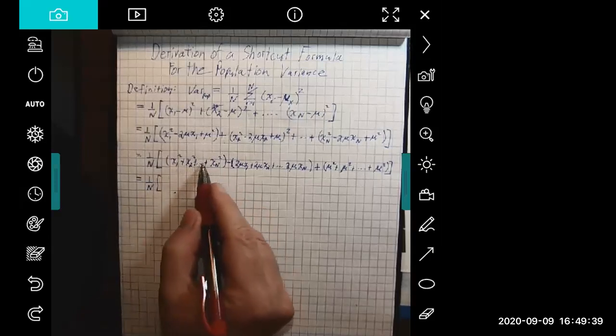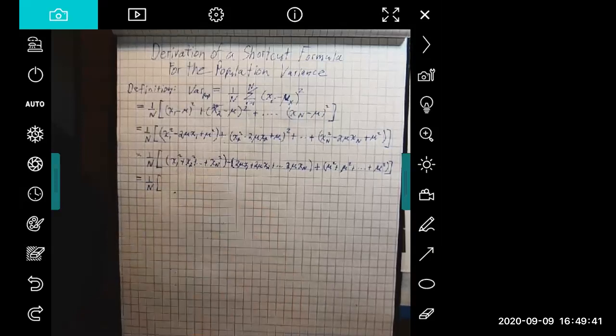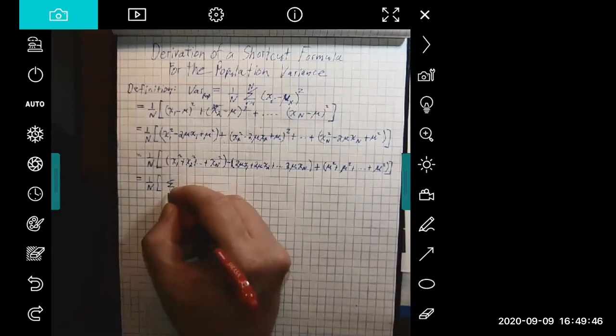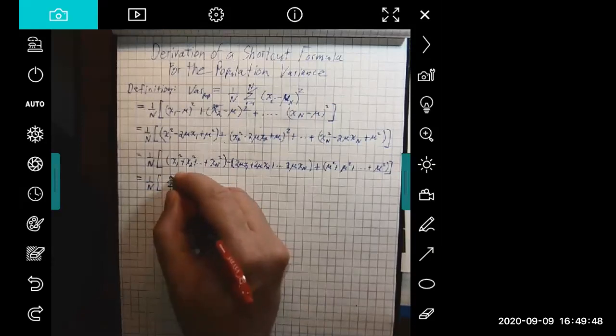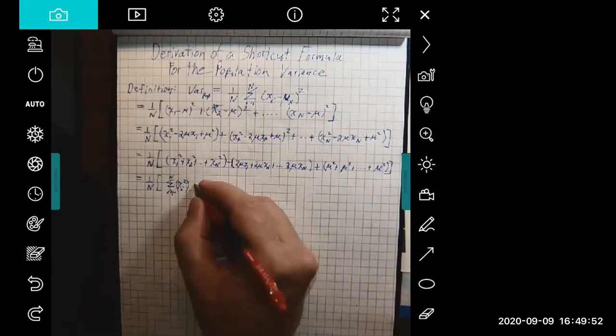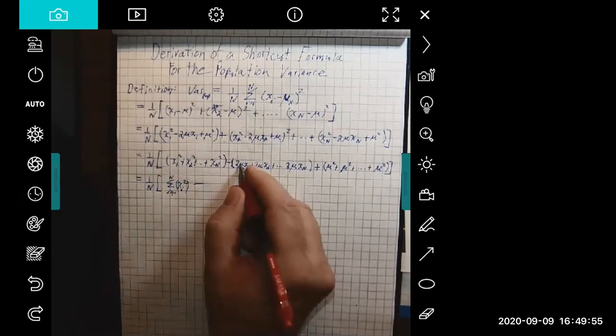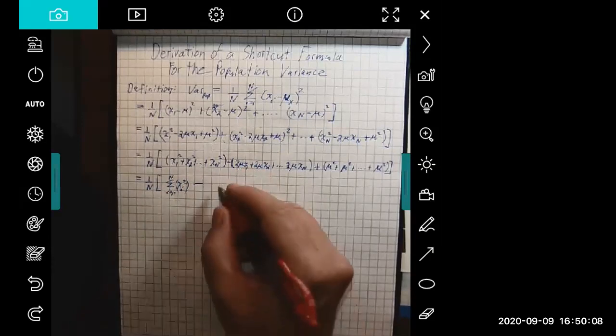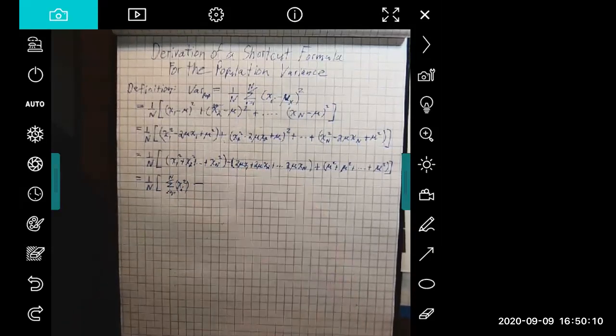So this piece right here is just the sum of the squares of the x's. And over here there's 2 mu x1 and 2 mu x2 and 2 mu xn. The 2 mu in front of all of those can be brought out front using the distributive property, factoring out the common factor, 2 mu.